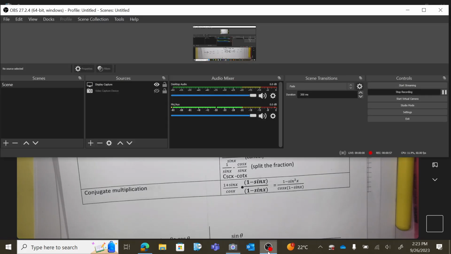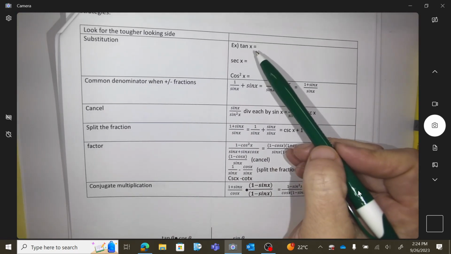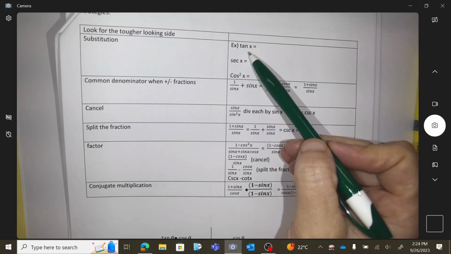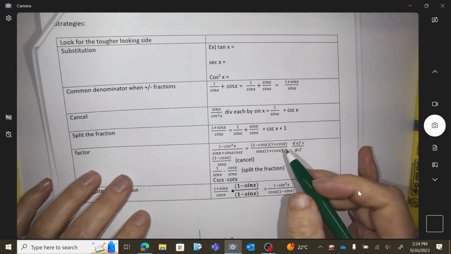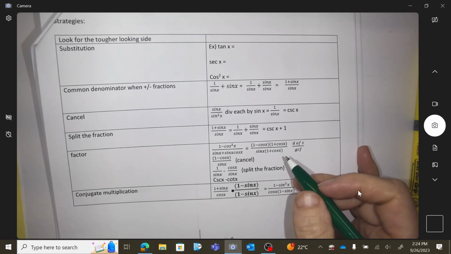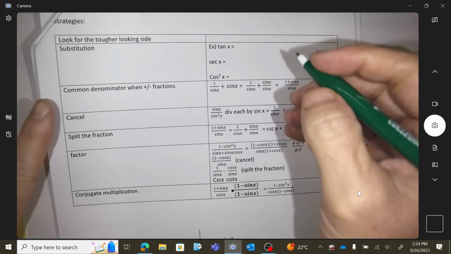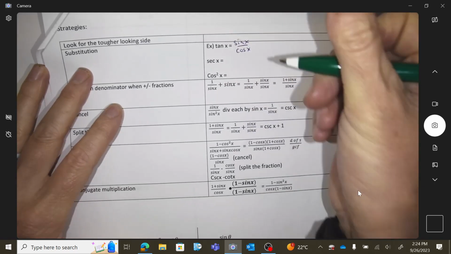What could you substitute in to replace tan x? Somebody know some equivalent trig ratio? Sine x over cos x.